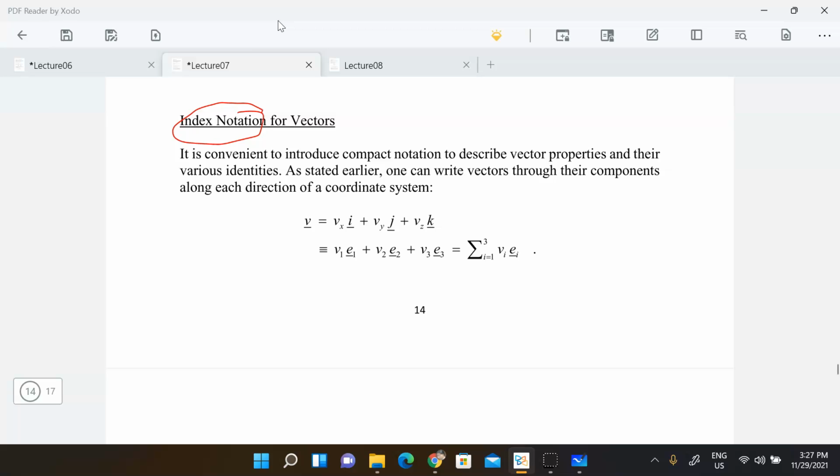The idea of index notation is convenient because you can start to prove general formulas. So you don't need to limit yourself to vectors with numbers in them, but you can just manipulate algebraically.